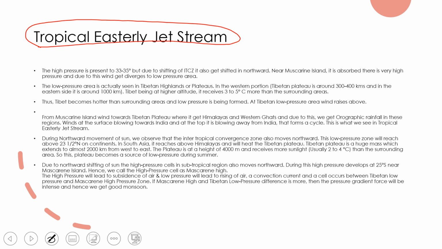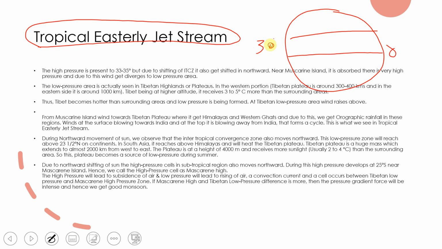In the first session I clearly explained that this is your 0 degree, this is your 30 degree, this is your 60 degree and this is your 90 degree. So this 0 degree is your low pressure area, this 30 degree is your high pressure area, this 60 degree is your low pressure area, this 90 degree is your high pressure area. So the wind blows from high pressure to low pressure.